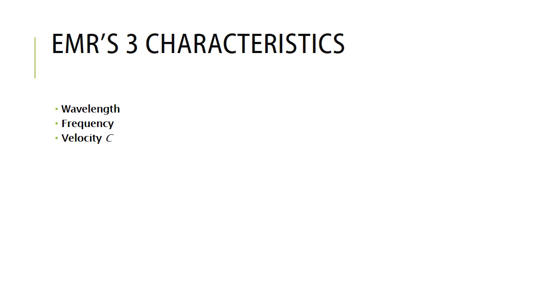So electromagnetic radiation is quite a bit different. It's not made up of waves and particles, but it has this dual nature where it behaves sometimes like a particle and sometimes like a wave. For example, the propagation of electromagnetic radiation you can describe more in terms of waves.